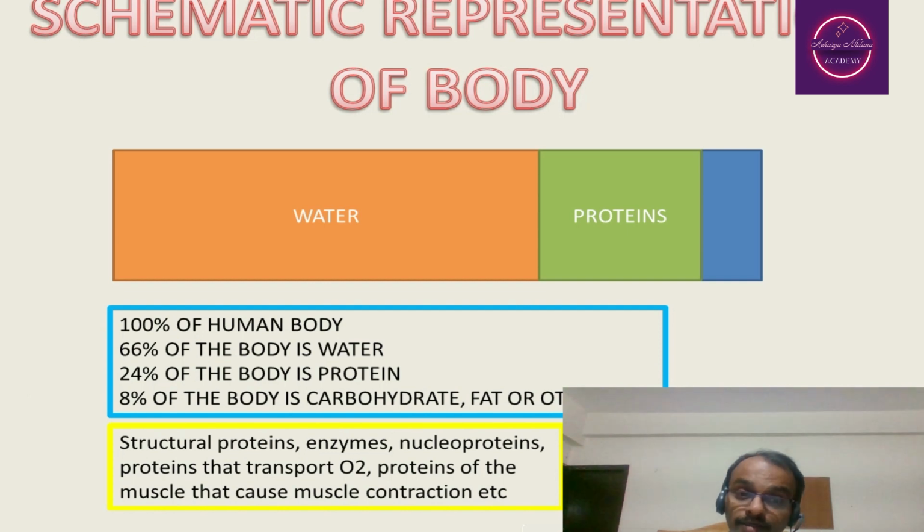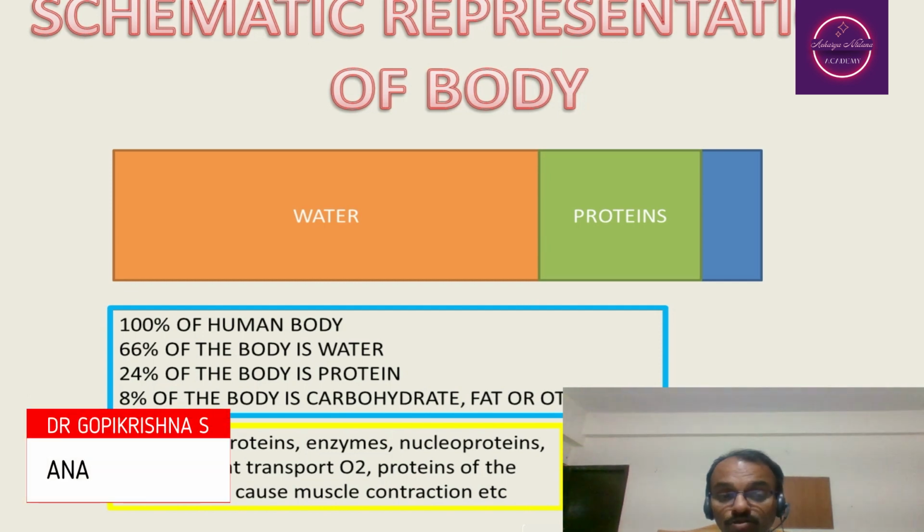And the rest, nearly around 33%, among that, three-fourth, nearly around 24%, is formed of proteins, and 8 to 9% is formed of carbohydrate, fat, and other materials.